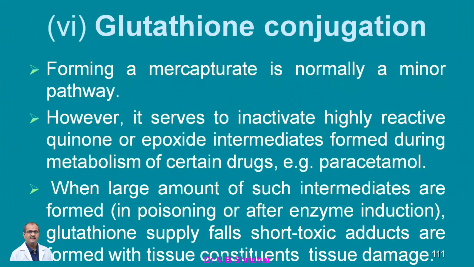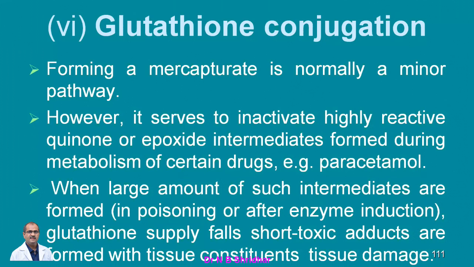And the sixth reaction is glutathione. Glucuronide conjugation and glutathione conjugation are different. So glutathione conjugation, forming a mercapturate, is normally a minor pathway. However, it serves to inactivate highly reactive quinones or epoxide intermediates formed during the metabolism of certain drugs, for example paracetamol.